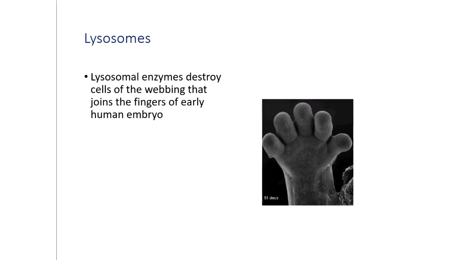For example, during embryonic development, we need the cells of the webbing between our fingers to die off, so that our fingers are not connected to each other. And that kind of timed, programmed cell death often involves the lysosome. For that reason, lysosomes are sometimes called the suicide sac, because they will cause the cell to basically self-destruct.